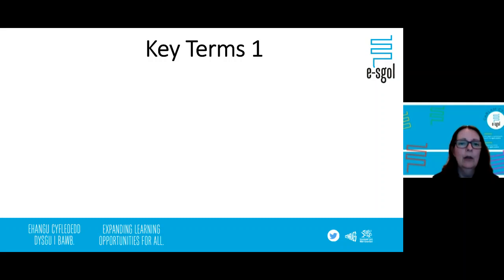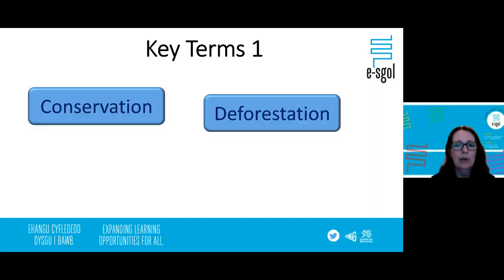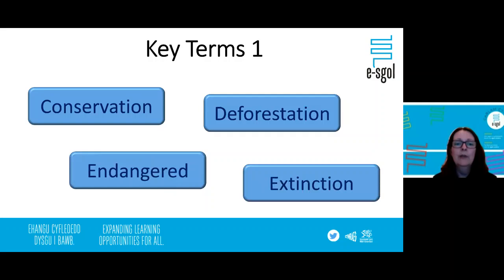So let's have a look at our first set of terms here. We've got conservation, deforestation, endangered and extinction. It's about making sure that we are clear that conservation is when we maintain an ecosystem, so keep a particular area in its natural state, where we conserve and protect the level of biodiversity there, and it's us as humans that do that.